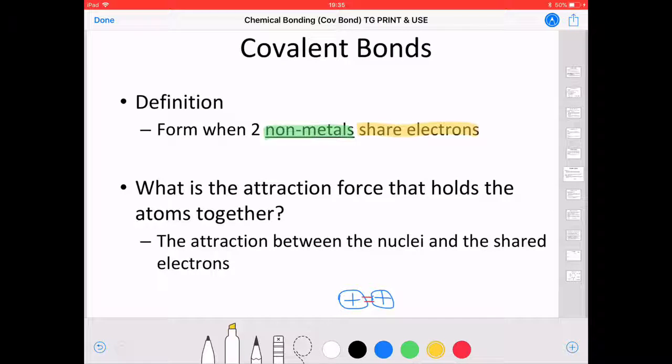In the middle are the 2 positive nuclei, so where the protons are, and on the outer edge, in between the 2, are your 2 electrons. Those are your red negative signs here. Those 2 electrons don't typically like each other. They're both negatively charged. They don't want to hang out next to each other. But because they are both being attracted and pulled in opposite directions by the 2 different nuclei, that's what holds those atoms together.